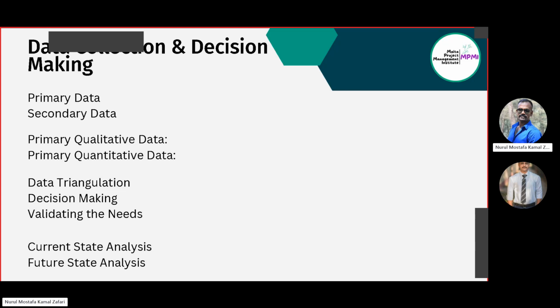So this is called data triangulation, to validate one data to make it more probable to the parties.